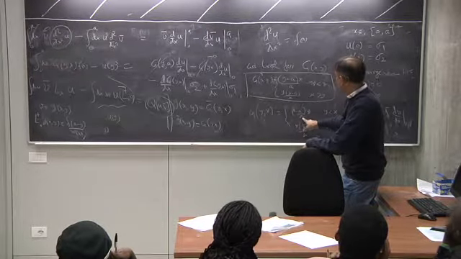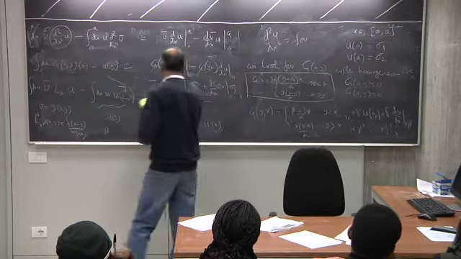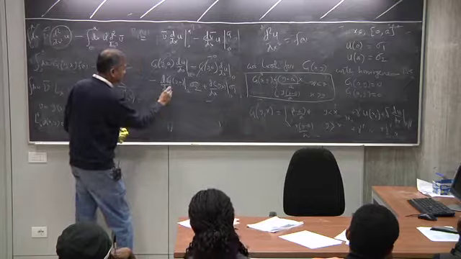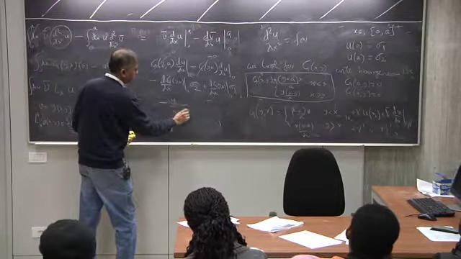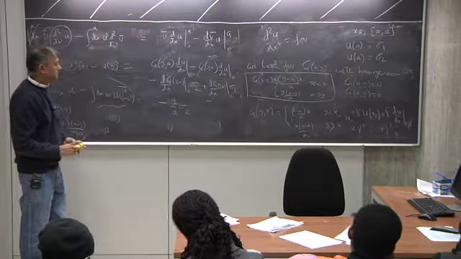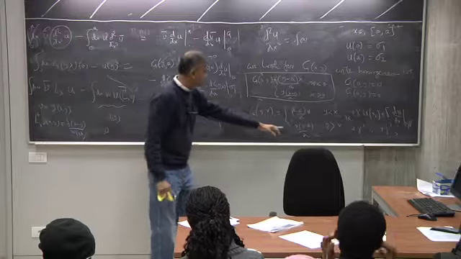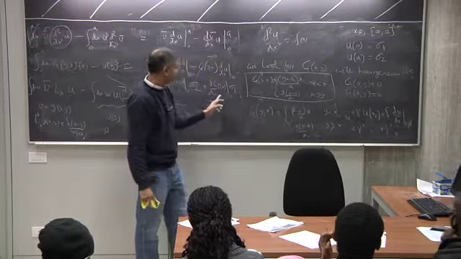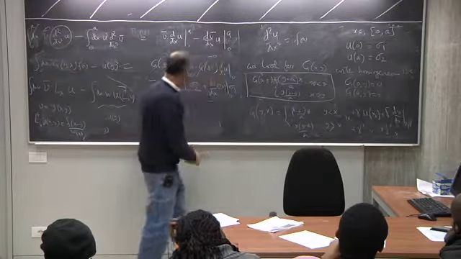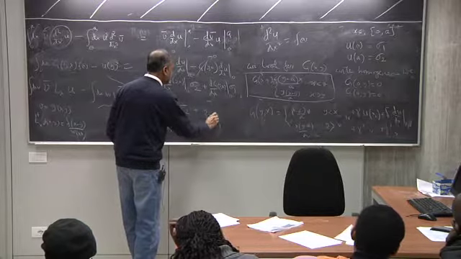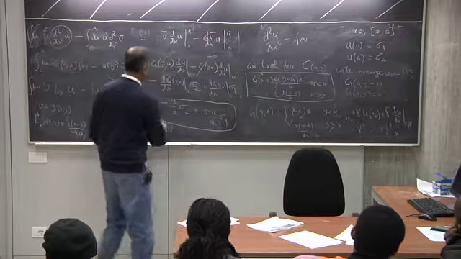So the first expression is y over a times sigma 2, plus x. And for this one, I have to use this expression, and I take derivative with respect to x. So it's simply y minus a divided by a. So that's plus y minus a divided by a times sigma 1. So this is the answer.